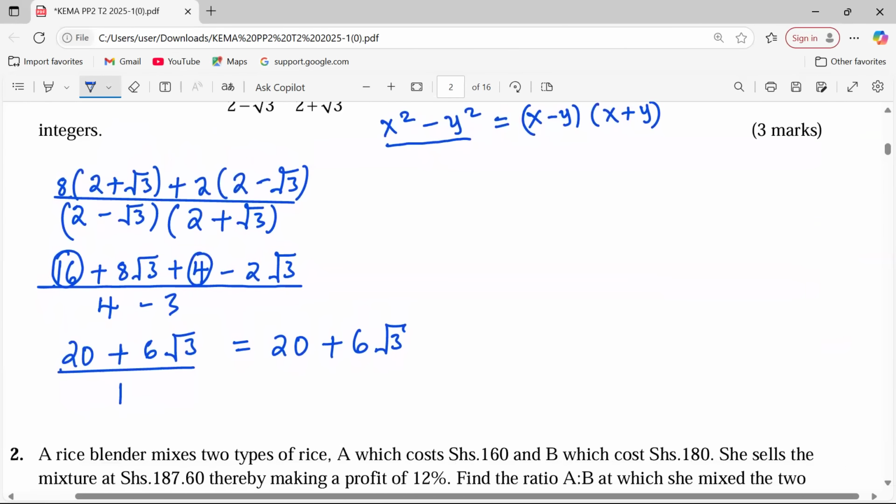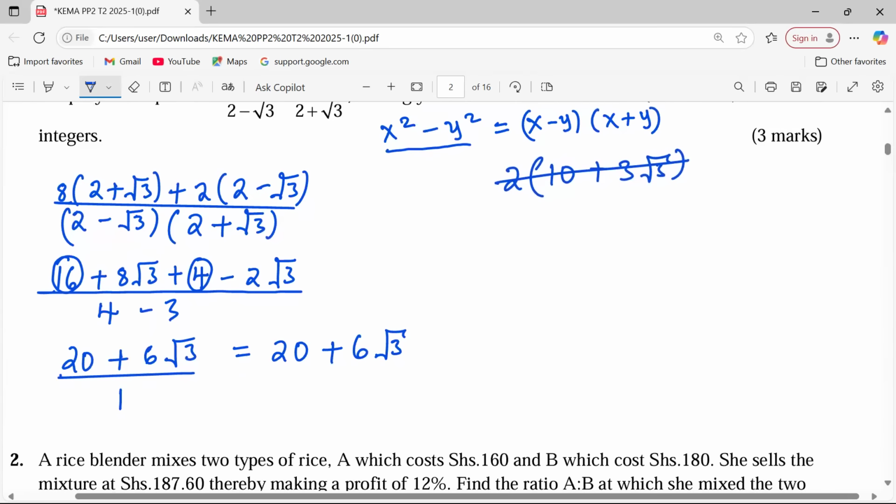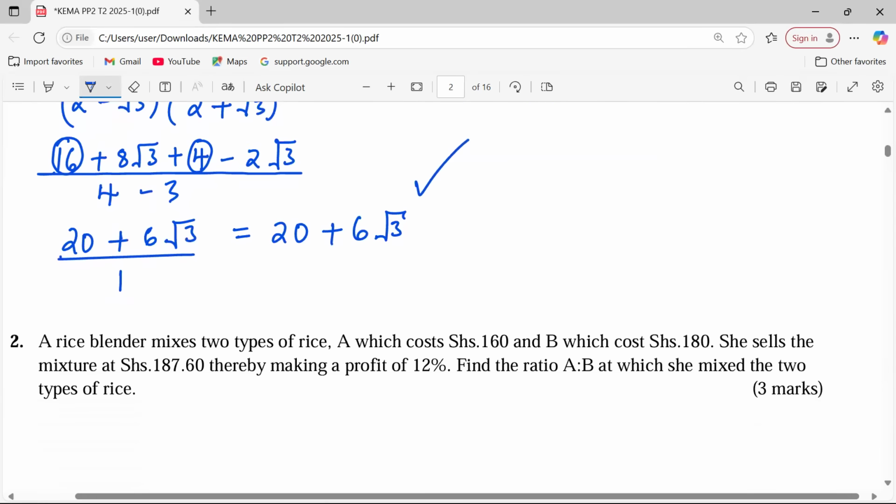If there were no further instructions of the format, you can see that 2 is common, so we could still have factored out 2 to remain with 10 plus 3 the root of 3. But in this case, we didn't want it in that format. It is already final.